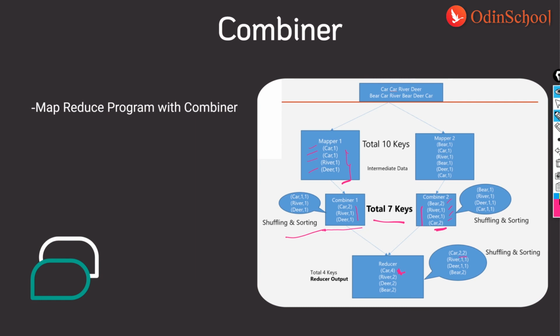But here the local level aggregation is already performed, so a smaller number of keys are transferred over the network. This is the advantage. In a very big data scenario, you will have so many key value pairs, and this helps you transfer less data over the network.